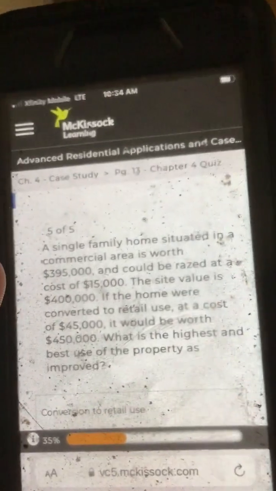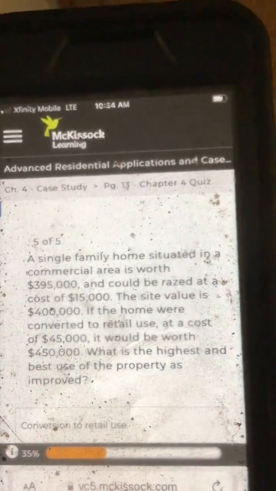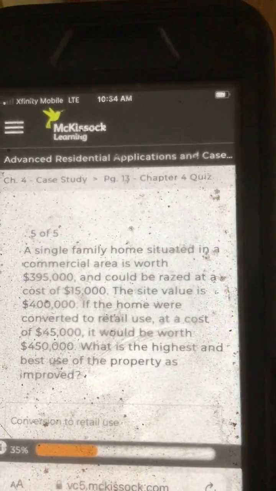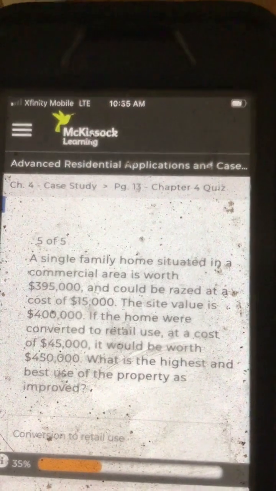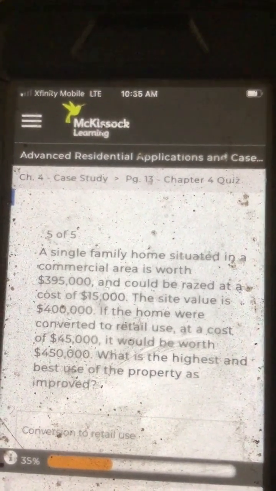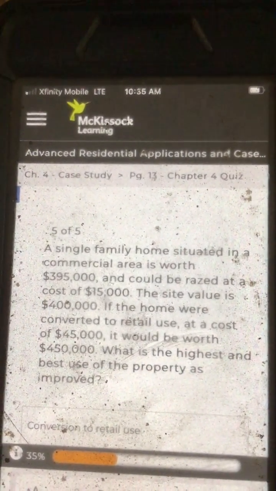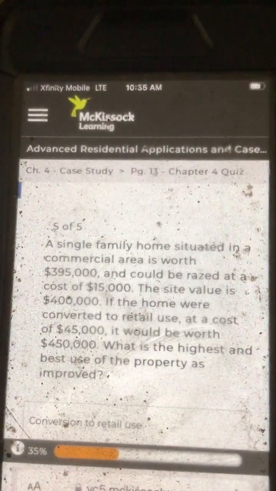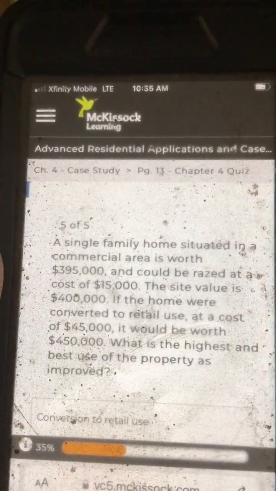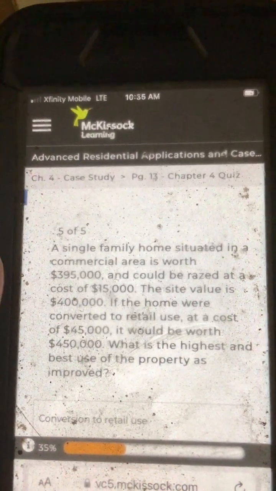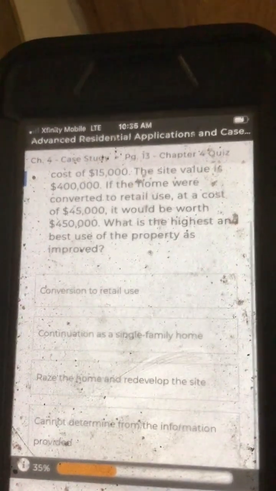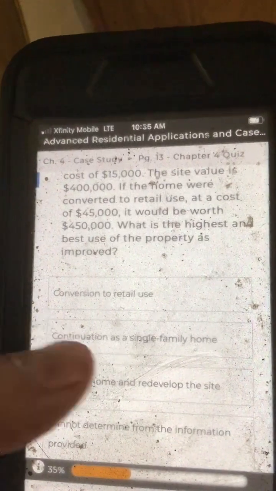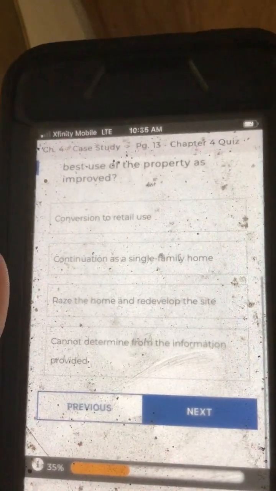And lastly, number 5, a single-family home situated in a commercial area is worth $395,000 and could be raised at a cost of $15,000. The site value is $400,000. If the home were converted to retail use at a cost of $45,000, it would be worth $450,000. What is the highest and best use of the property as improved? A. Conversion to retail use. B. Continuation as a single-family home. C. Raise the home and redevelop the site.